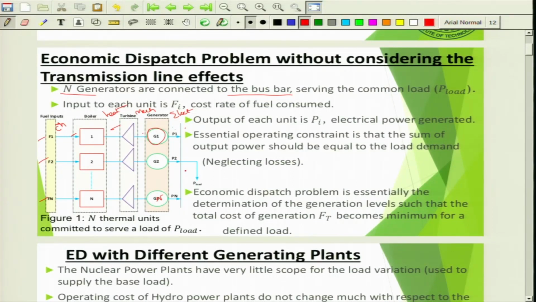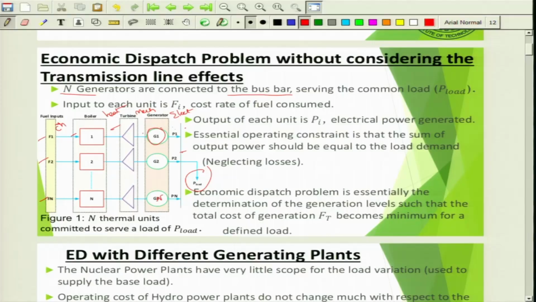There could also be different buses for individual generators, and to this particular bus a load is also connected. So multiple generator outputs are synchronized together and connected to a common bus, and three things are common across all these generators: voltage, frequency and phase angle. Only then can you synchronize them, right?